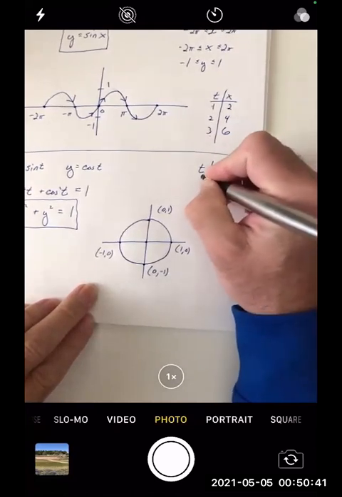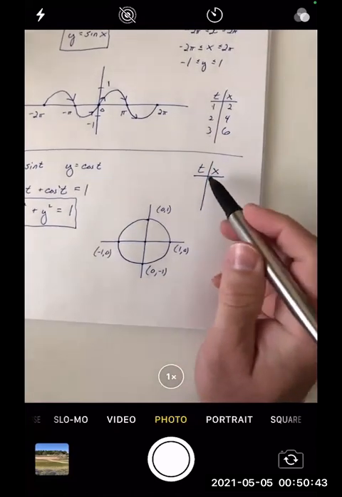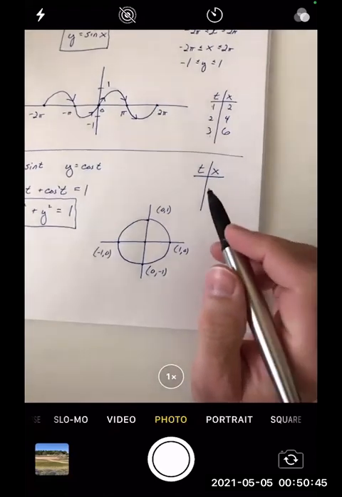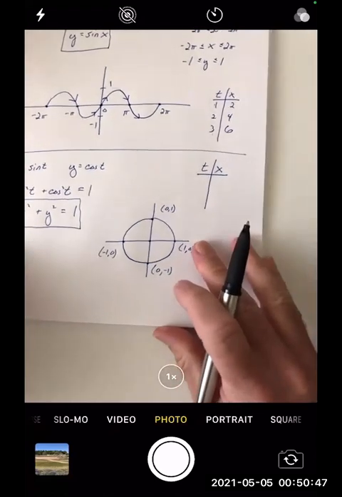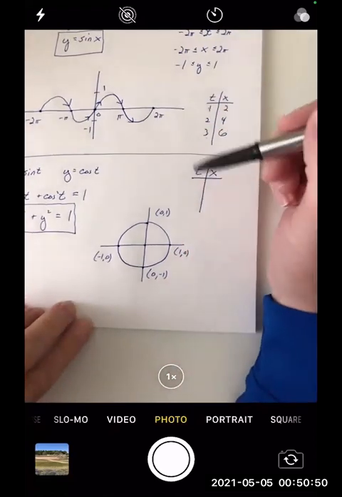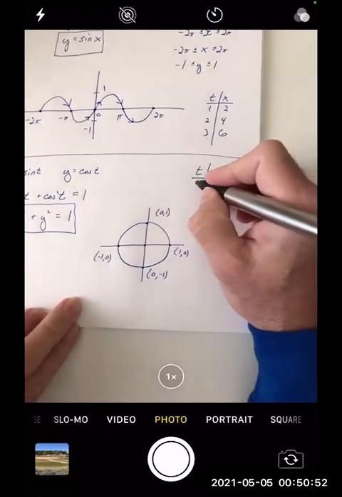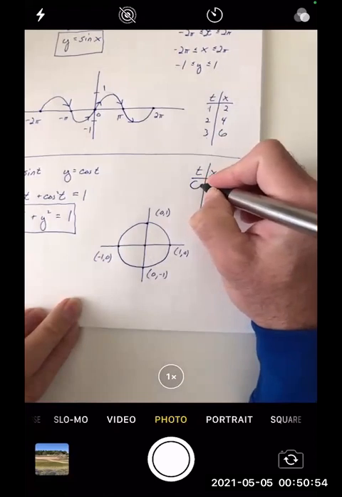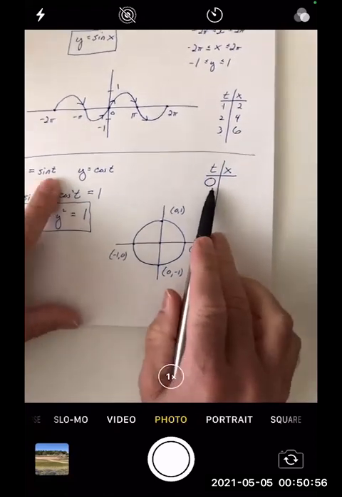So you can always make a table to visually see it, or you can do it in your head too. It just depends on how proficient you are at it. So when t is equal to 0, what's x?